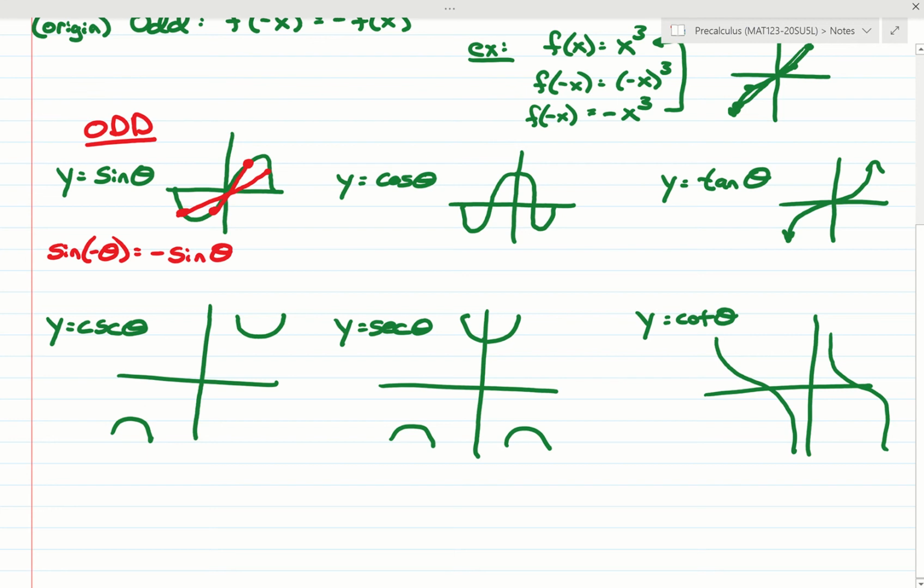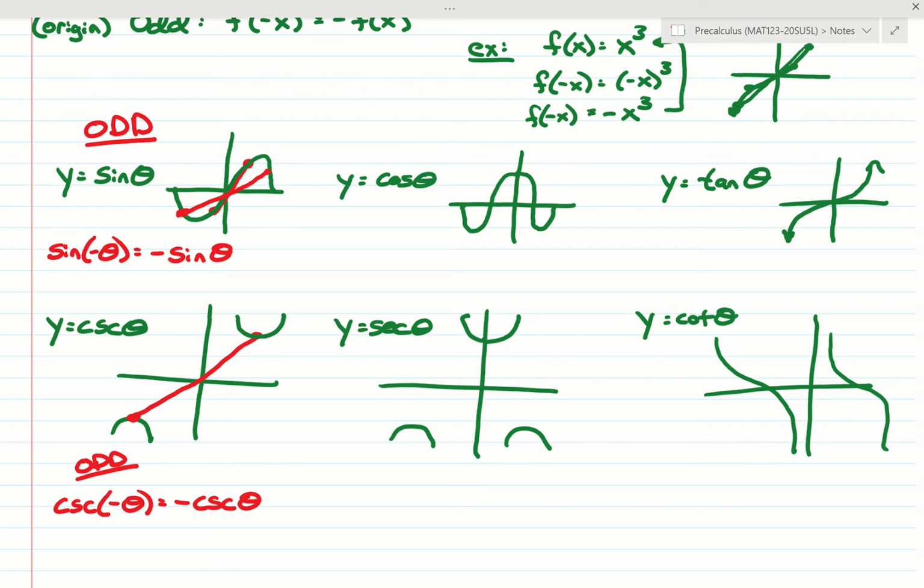Let's take a look at cosecant. Take this point, fold it over the origin, it's right there. So cosecant is also odd, meaning cosecant of negative theta would equal the opposite of cosecant of theta. We're going to use these when we are simplifying trig functions.